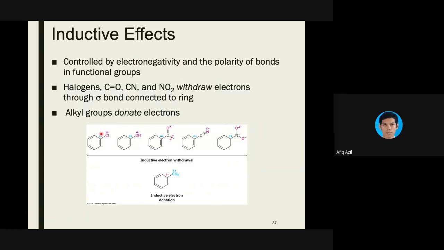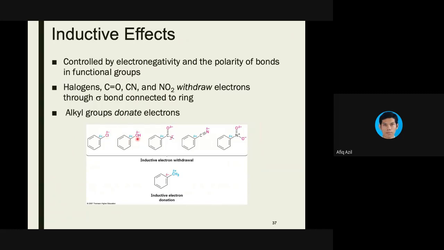So the electrons in the bond will be pulled toward chlorine. The definition of electronegativity is the tendency of an atom or group to attract shared electrons towards itself. So it will pull the electrons in the bond towards this side.